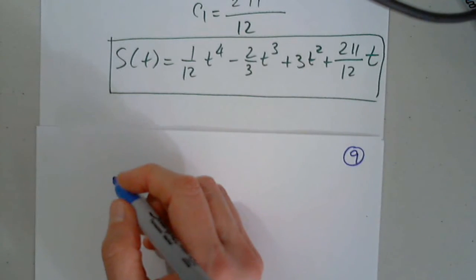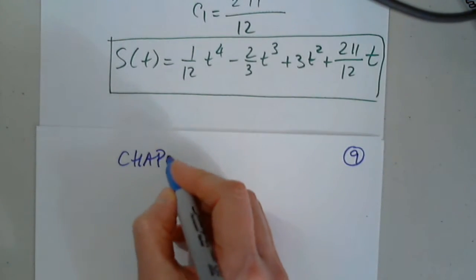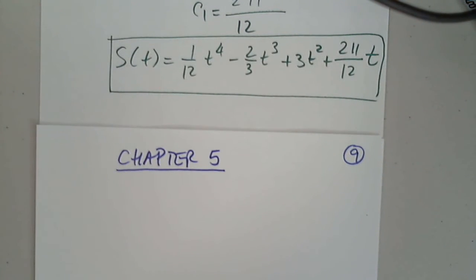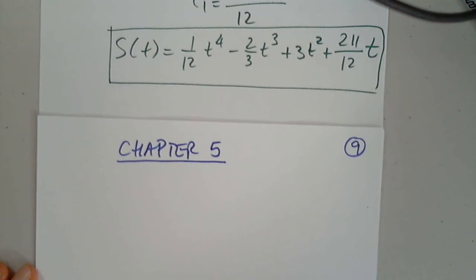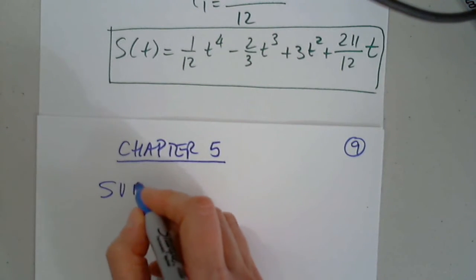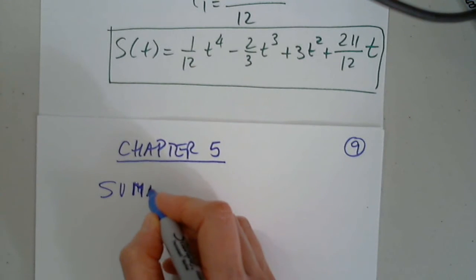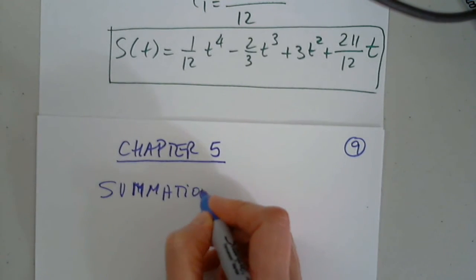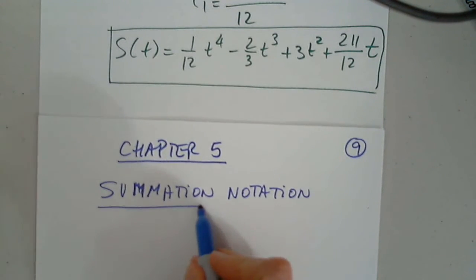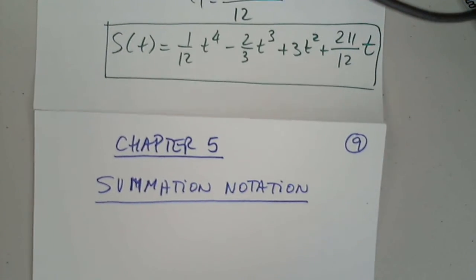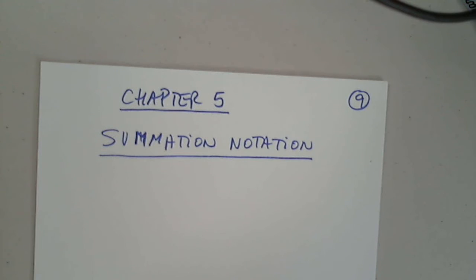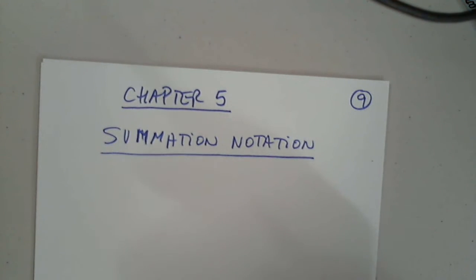Okay, I'm starting chapter 5, but I'm not going to even put the title because there is a long way till the title, really. So first I would like to talk about the summation notation. So we have different ways of presenting a sum of numbers.